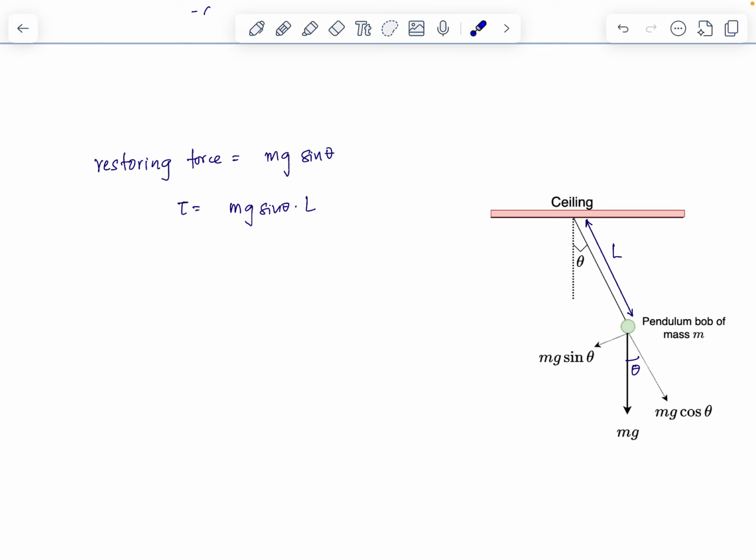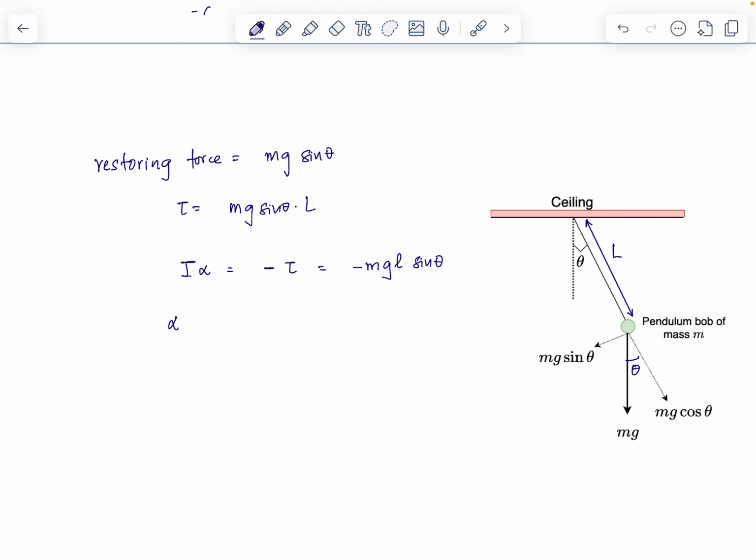Now, in this particular case, torque equals I alpha. But since the torque corresponds to a restoring force, we put a minus sign here, and we call this minus mgL times sine theta.